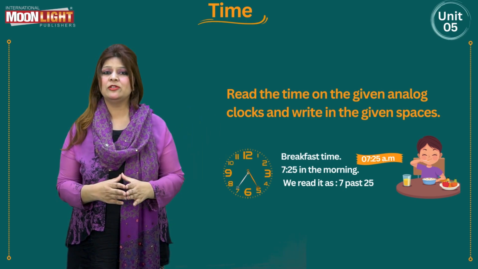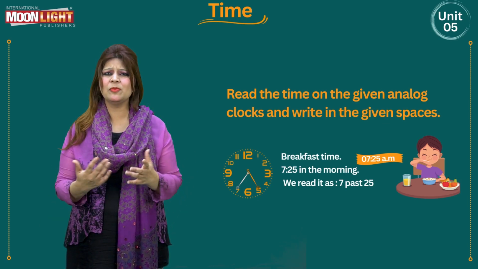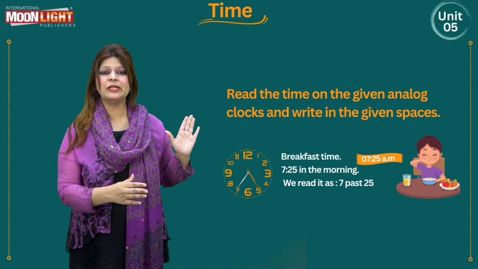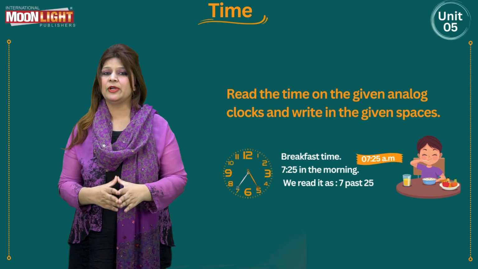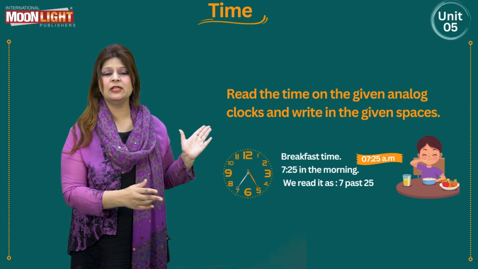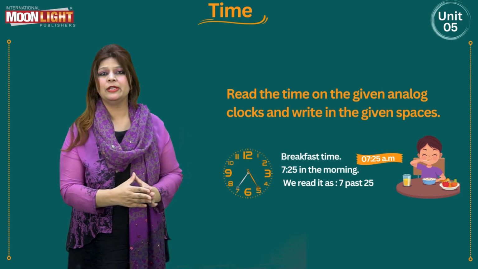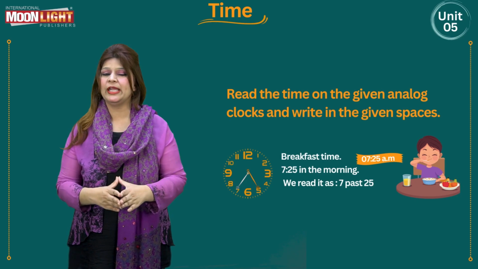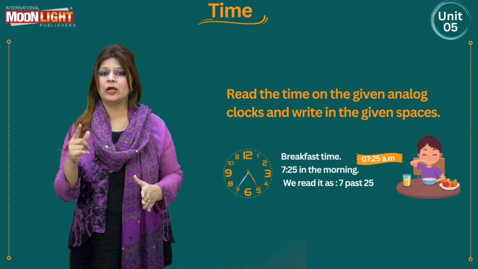You already know that in the morning you have breakfast. So we are going to say 7:25 in the morning. And we write in this space 7, colon, 25, and with this you write AM, A dot M.